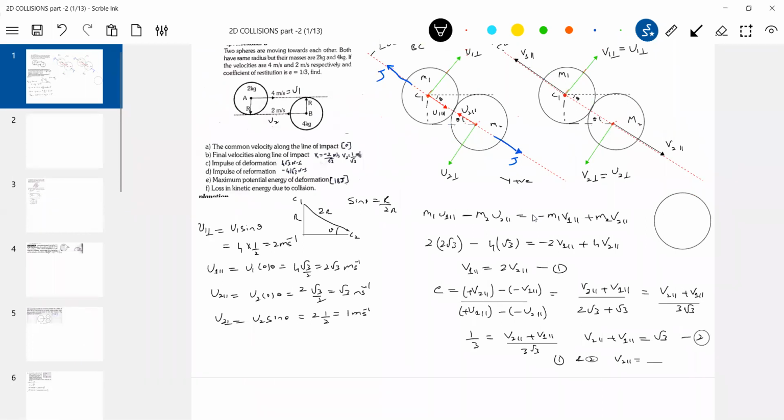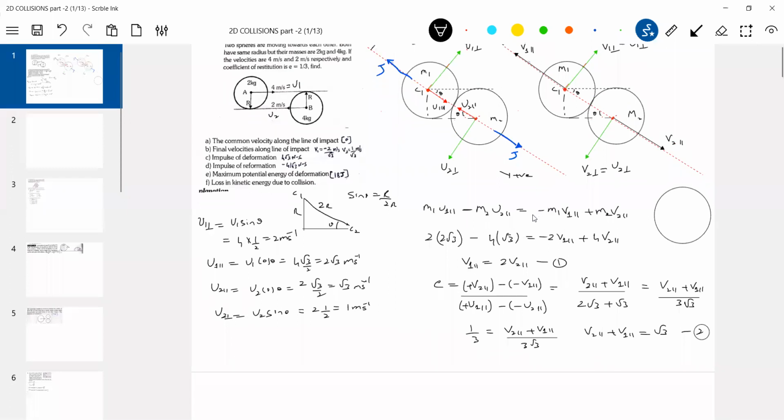So v1 parallel equal to 2 v2 parallel, equal to root 3. Therefore v2 parallel is equal to 1 by root 3, which means v1 parallel should be equal to 2 by root 3.